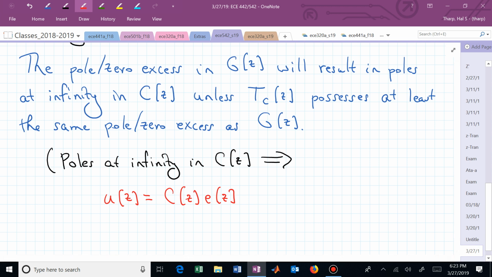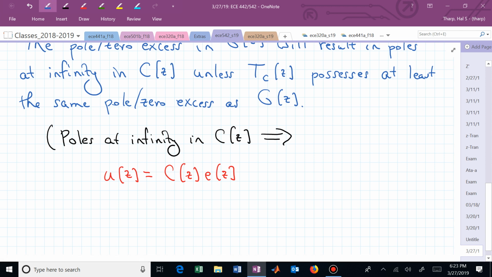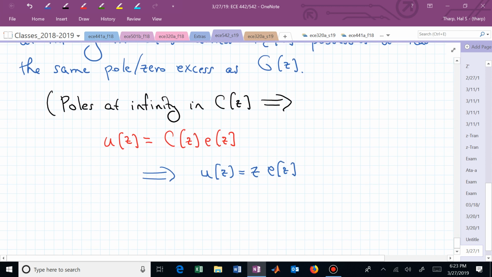We take the error and we manipulate it through this controller, C of z, and produce the input U that drives our plant in the block diagram. What happens now if capital C of z had a pole at infinity?